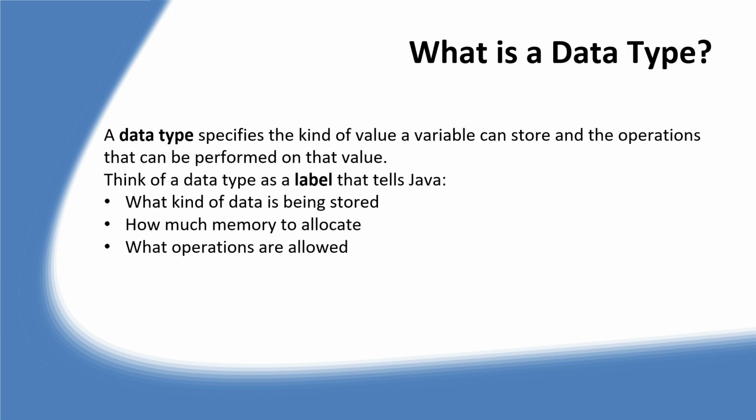It helps Java determine how much memory should be allocated and what operations can be performed on the data. So, choosing the correct data type is important for efficient programming.